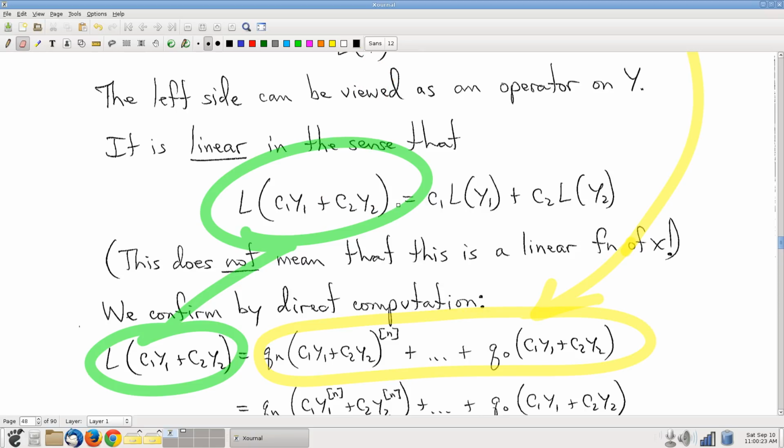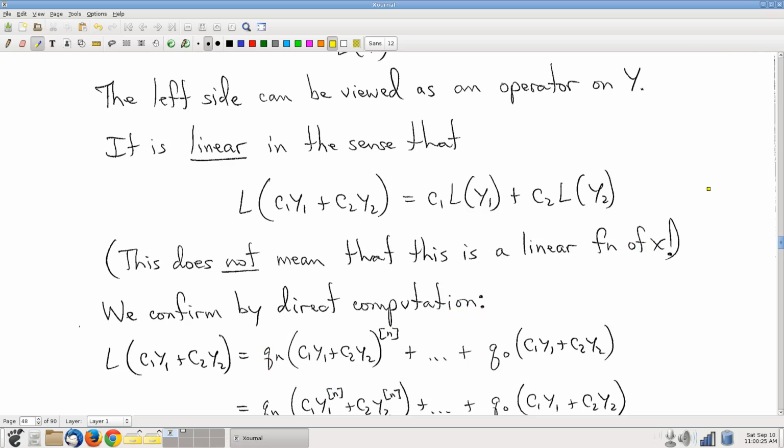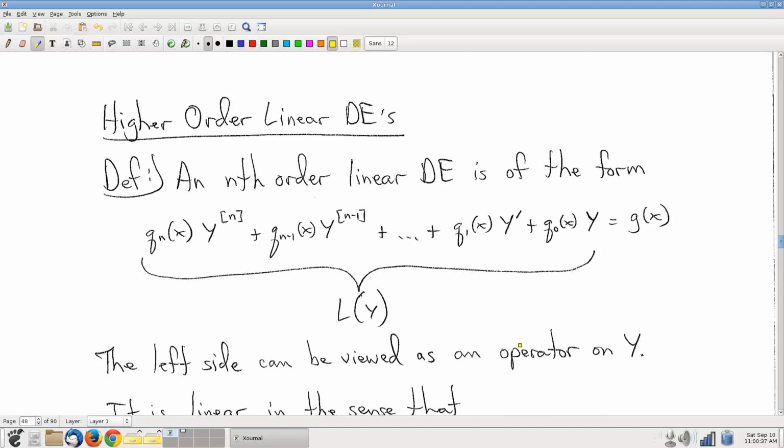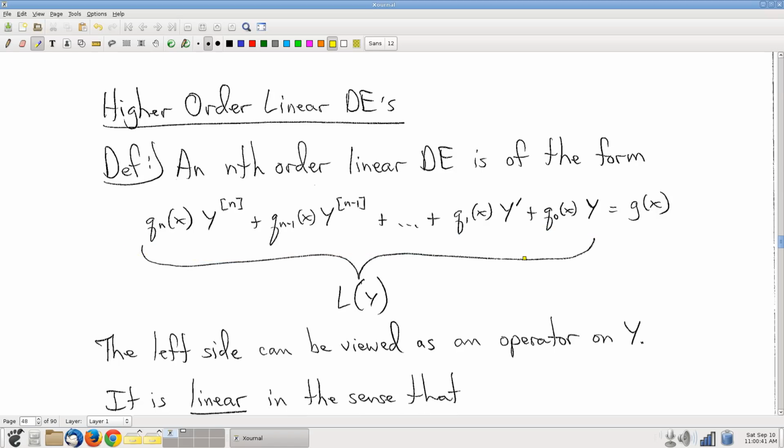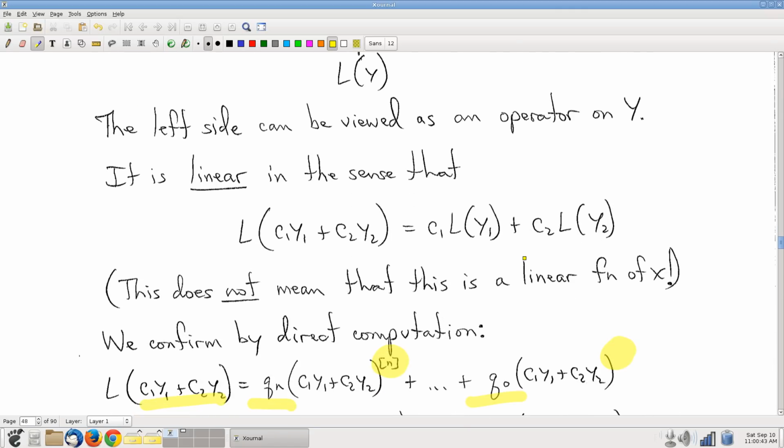So notice all I'm doing is taking this function, taking various derivatives from the nth derivative all the way down to no derivatives, and then multiplying by some coefficient functions, exactly such as is described by that form. Okay, so what does that give us? And what can I do with this expression?